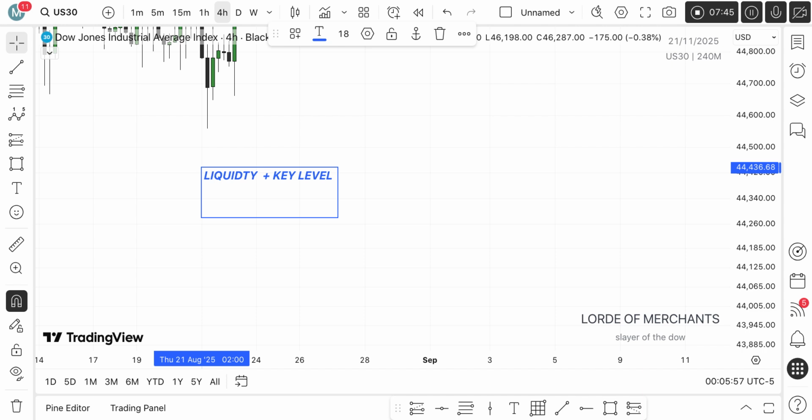When you talk about liquidity, we are talking about highs and lows. And when you talk about a key level, we are talking about a fair value gap.